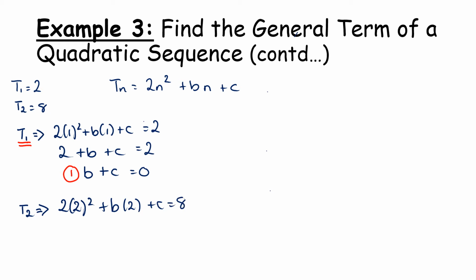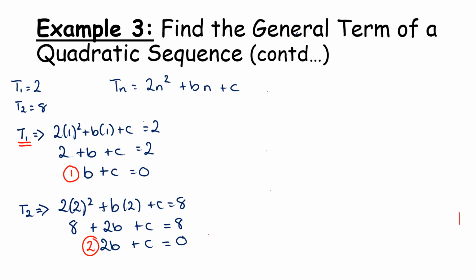So 2 times 2 is 4, times 2 is 8, plus 2 times b is 2b, plus c is equal to 8. So taking an 8 from both sides, you get 2b plus c is equal to 0, and that is our second term.